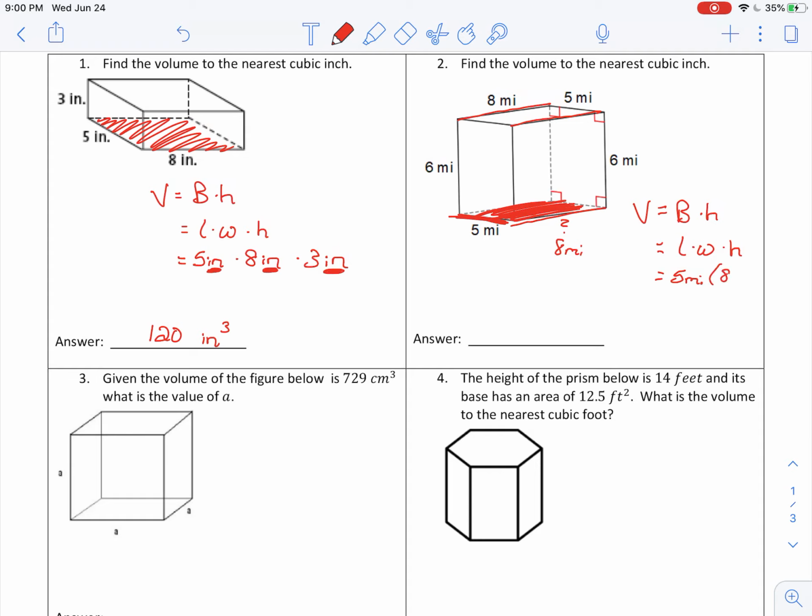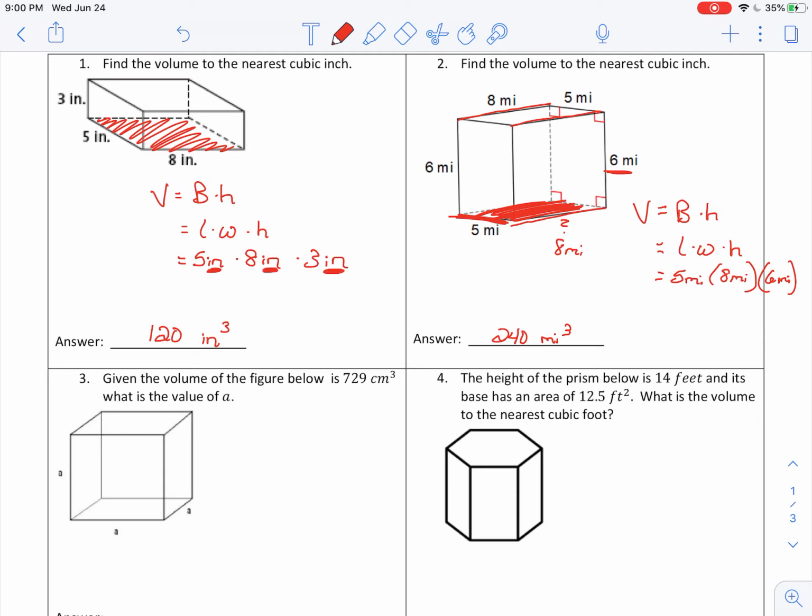So I'm going to do 5 miles times 8 miles, and I'm going to use parentheses for my multiplication. That's the area of the bottom layer, and I'm saying I would have 6 of these layers up. So I'm going to take 5 times 8 times 6, which I believe is 240 cubic miles.